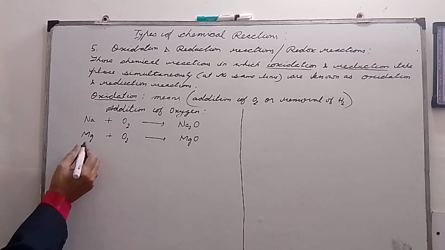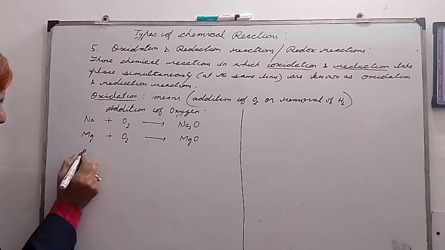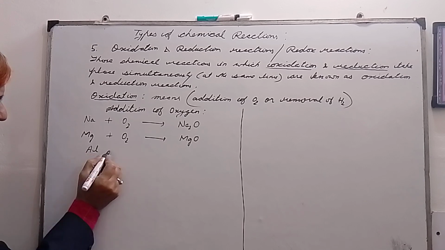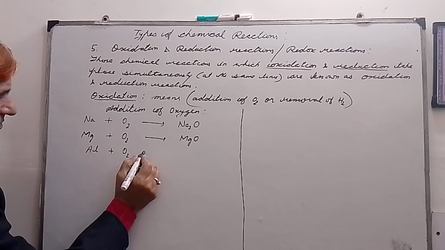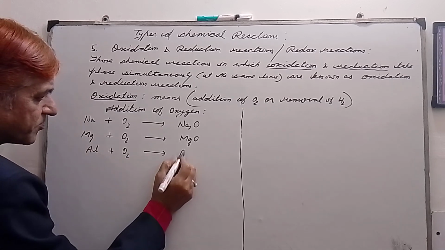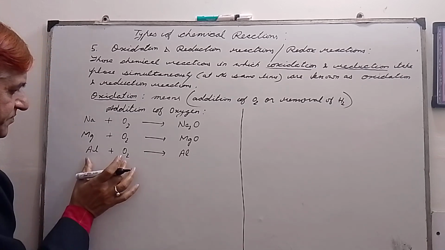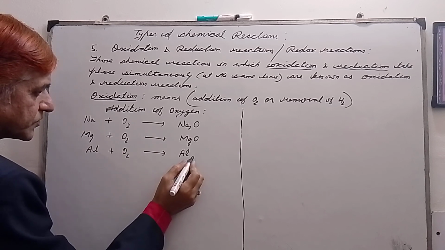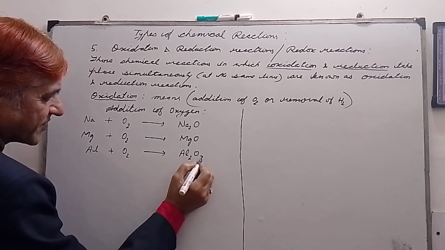Similarly, you can say aluminium plus oxygen is equal to aluminium oxide.